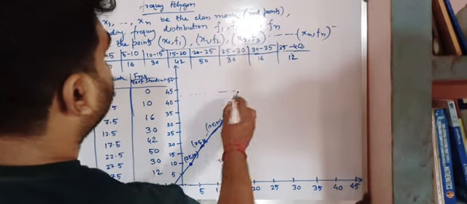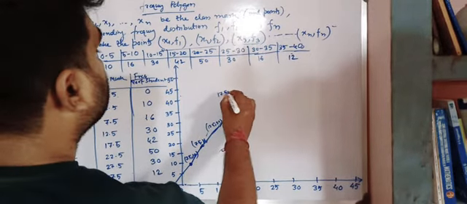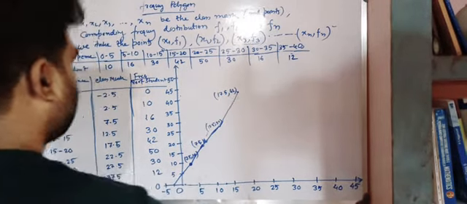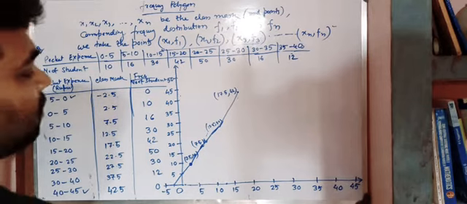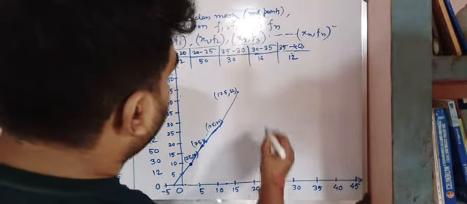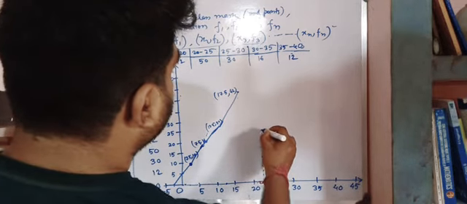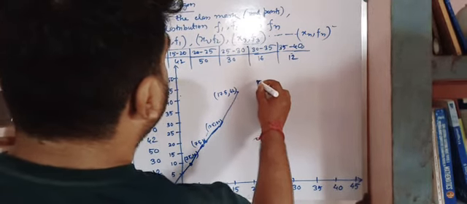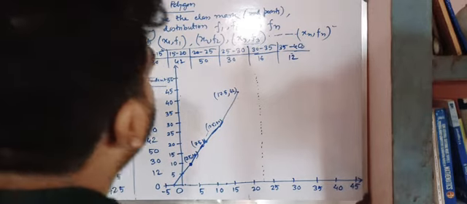So this is 17.5, 42. Okay. Next 22.5, 50. This is 22.5. So we are going along with that 22.5, 50. Okay, this is 50.